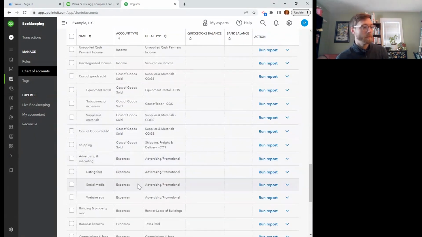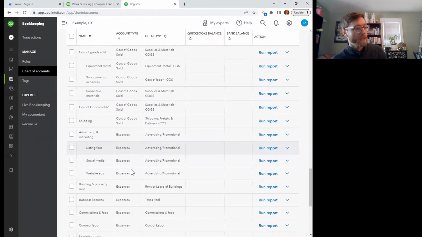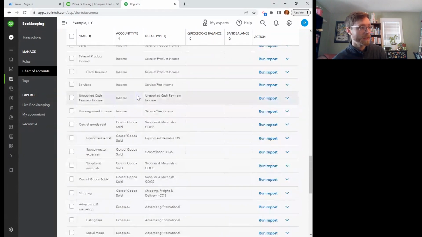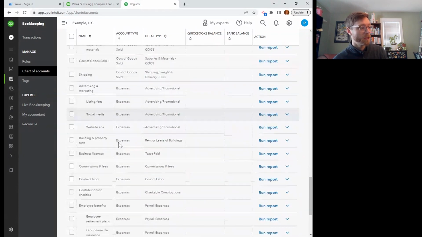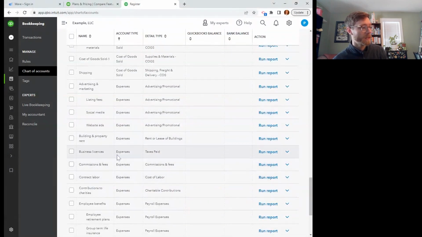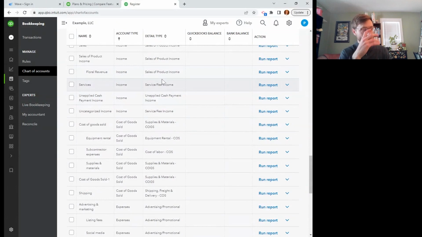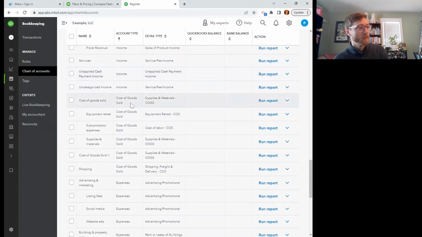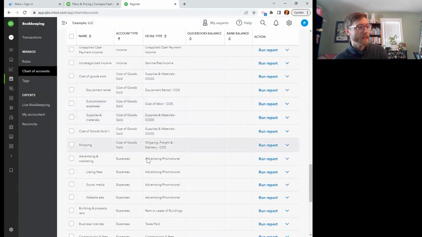Whereas if I am buying and selling flowers, my advertising and marketing may not change in relationship to my income, and my rent, my utilities, my licenses, all of that is not directly related to my income. This differentiation helps you with managing your expenses.